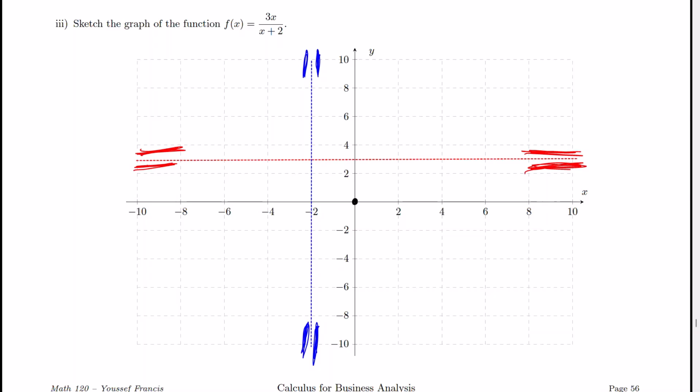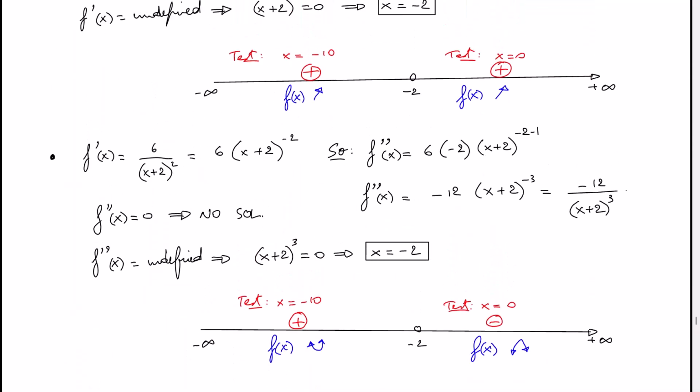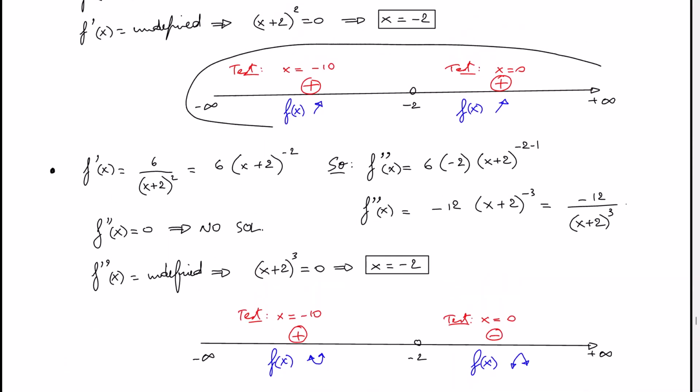So what else do we know? We know there are places where the function was increasing and decreasing. Where was the function increasing and decreasing? If we go back to our notes, we know that the function was always increasing no matter what. So the function is always increasing before or after -2.